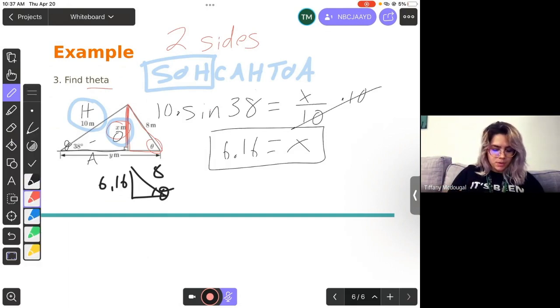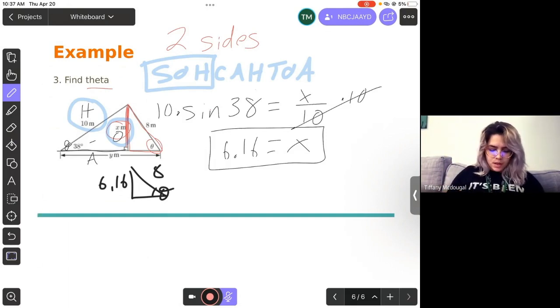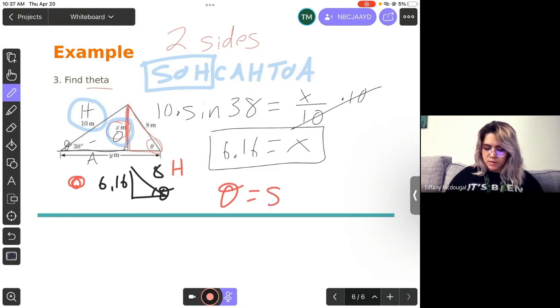So let's label our triangle. We've got theta here. This is opposite. This is hypotenuse. So using SOHCAHTOA, it looks like I'm setting up sine again. So theta will be equal to the inverse sine of opposite over hypotenuse. Opposite for us is 6.16, just like we solved earlier, over the hypotenuse, which has been given as 8.